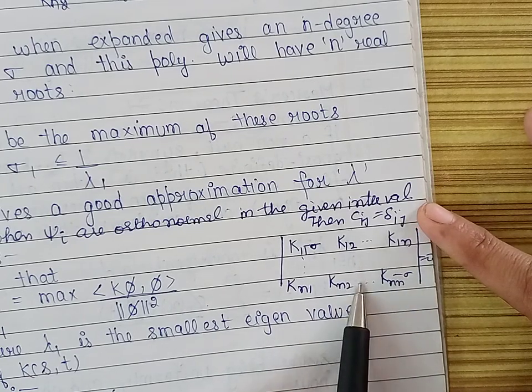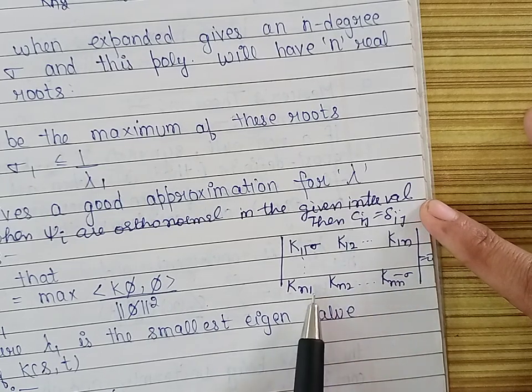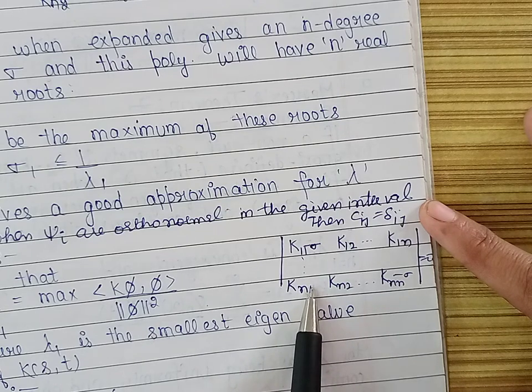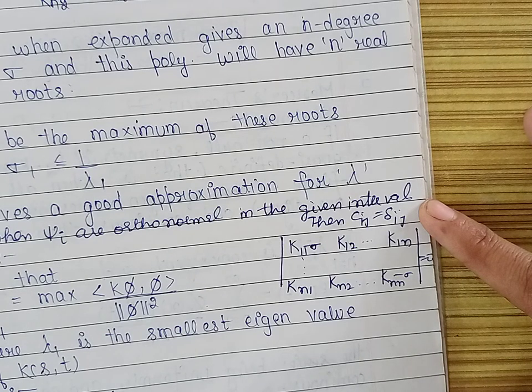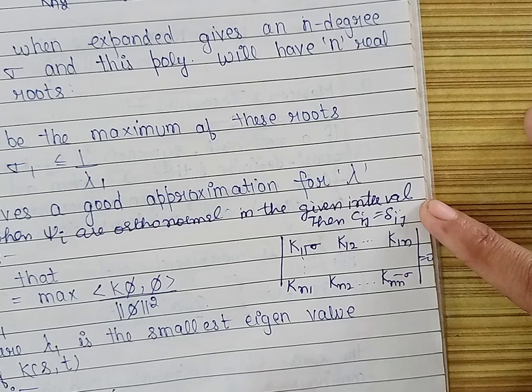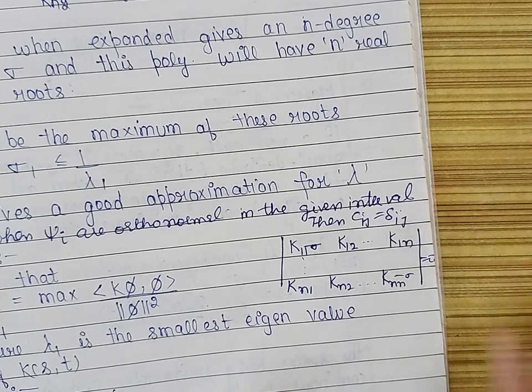So this again gives an nth degree polynomial in lambda and will have n real and non-negative roots. So we can take our trial functions psi i as the orthonormal functions to make our calculations convenient. So this completes the Rayleigh-Ritz method to find the first eigenvalue. Thank you.